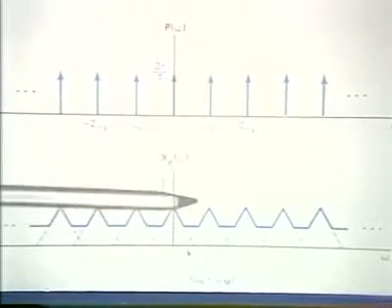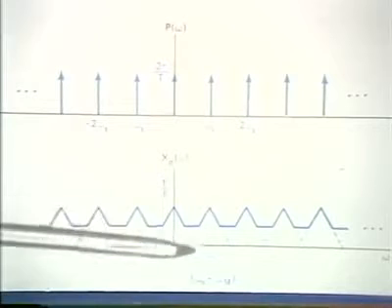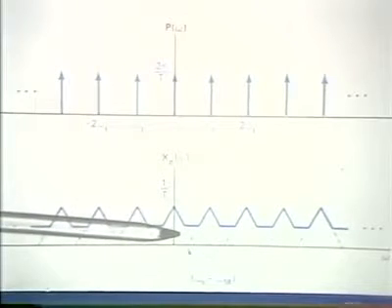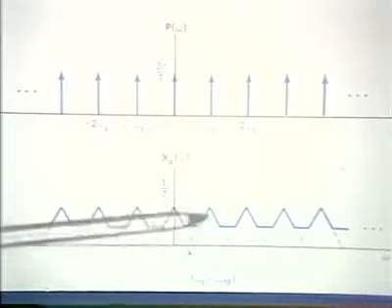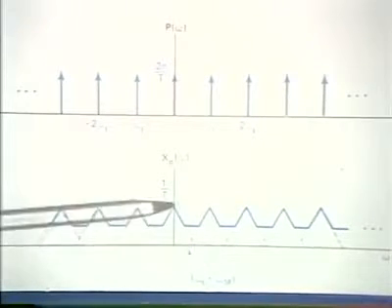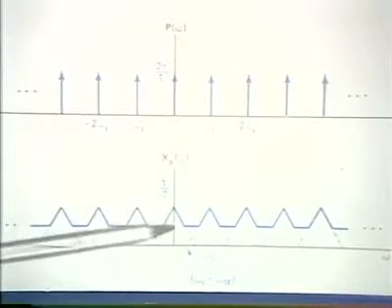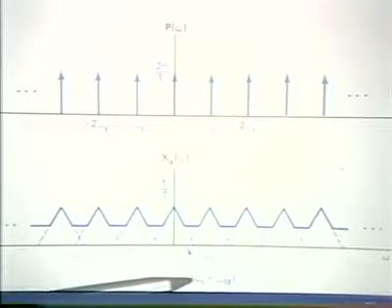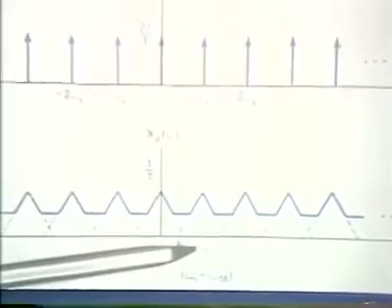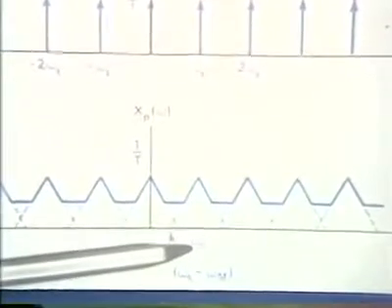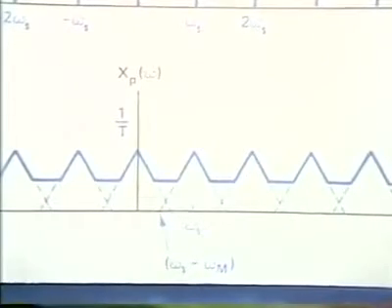As you can see, if we tried to pass this through a low-pass filter to recover the original signal, in fact, we won't recover the original signal since these individual replications have overlapped. And this is the case where omega sub s minus omega sub m is less than omega sub m. In other words, the sampling frequency is not greater in this case than twice the highest frequency.